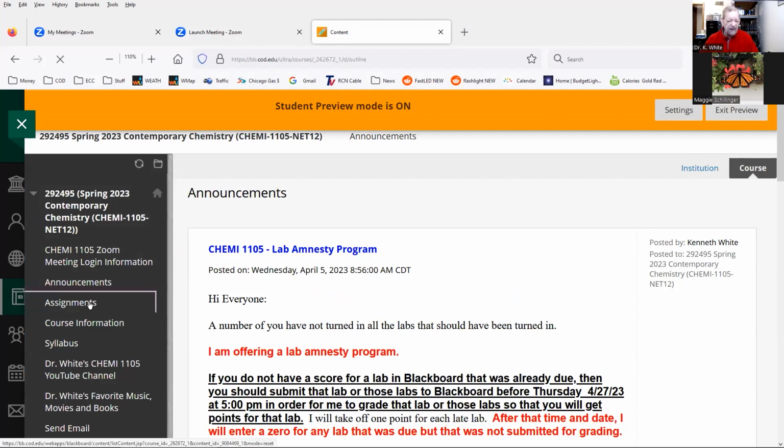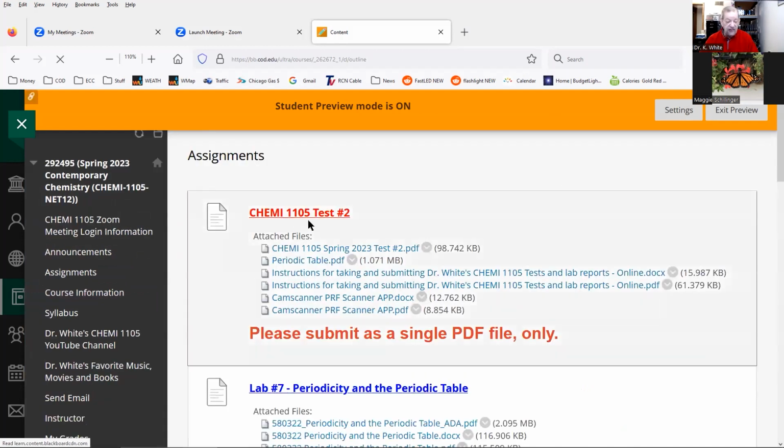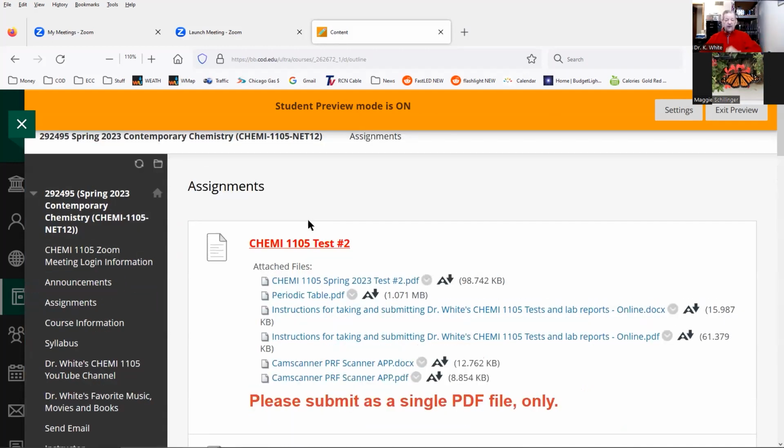If you go to the assignment area, you'll now see test number 2, and here's the PDF file. You can't download it yet because you need the password, but I will send that out right after I'm finished with today's lecture. I might end a little earlier so I can send out that email and you can get started if you want to.